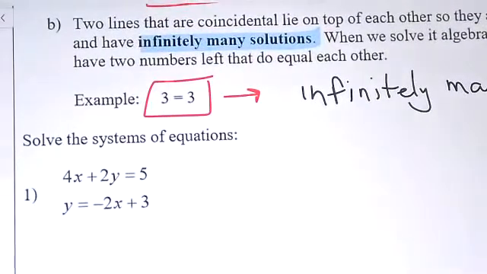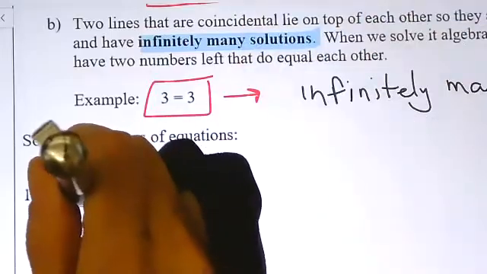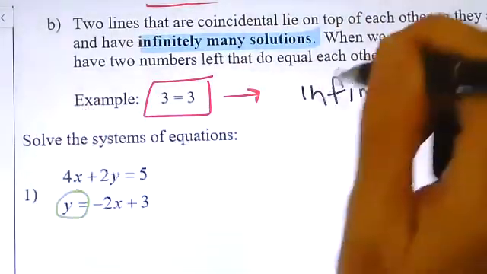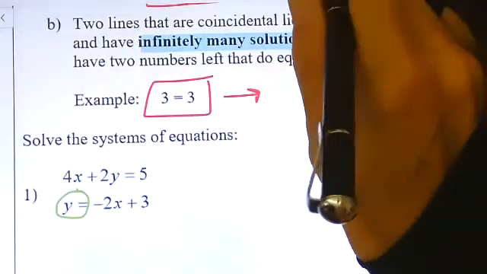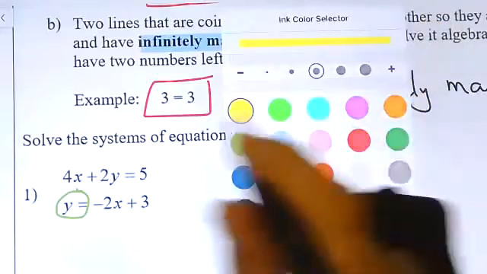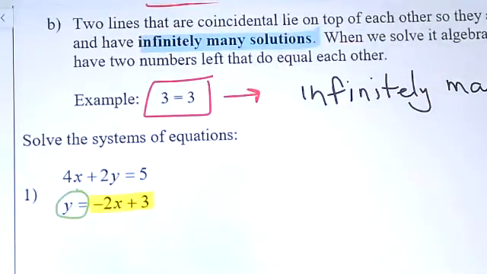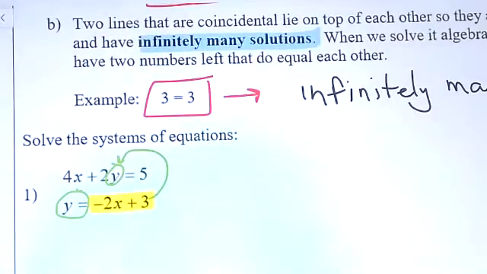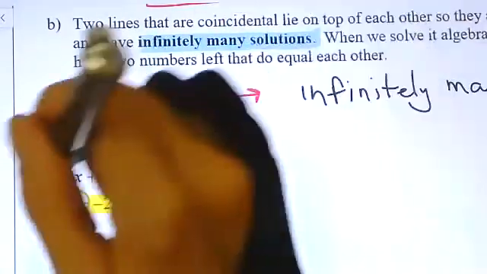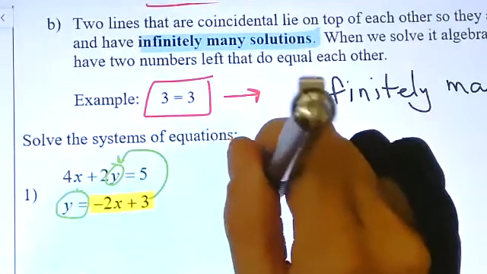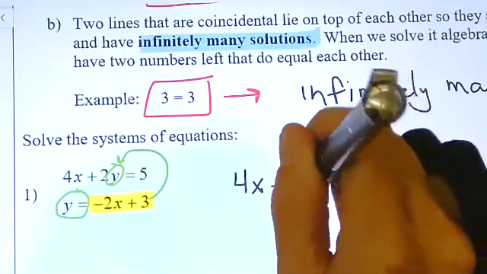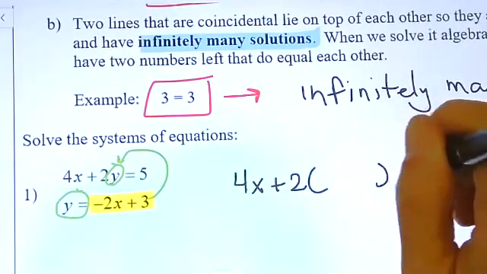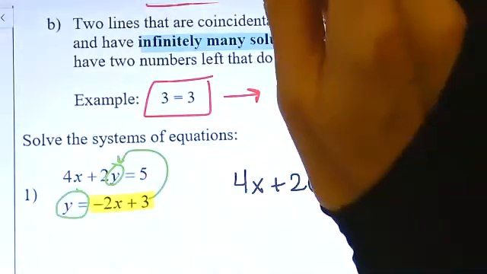Okay, we know one solution is when you get a solution. Here, I see y equals negative 2x plus 3. So I'm going to do substitution, and I'm going to take that negative 2x plus 3 and put it right here where the y is. So equation number 1 is going to become 4x plus 2y equals 5.